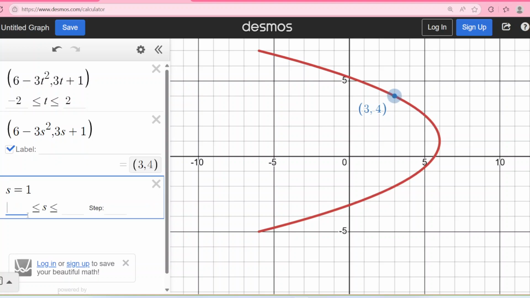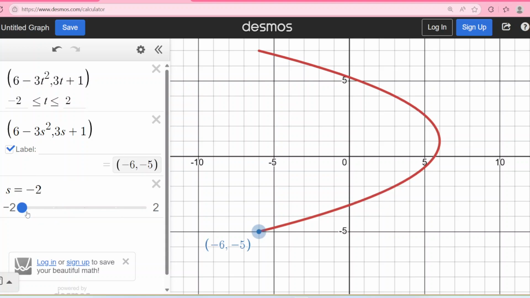And I'll change this to go from -2 to +2, just like our range of t that was given earlier. And then the steps are just how far apart you want them to be. Like if I go a step size of 1, you can see all the points that we had in our table from the hand drawing, right?